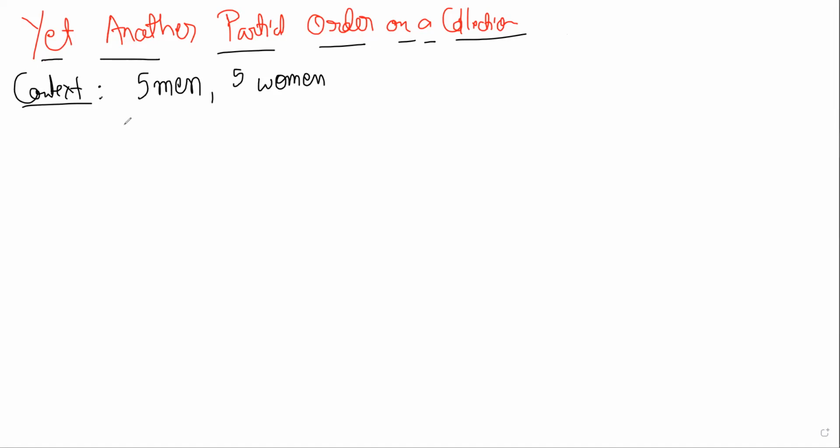So we have m1, m2, and so on. Now I'm putting these things because it will be needed. So these are the men, and this is the women.